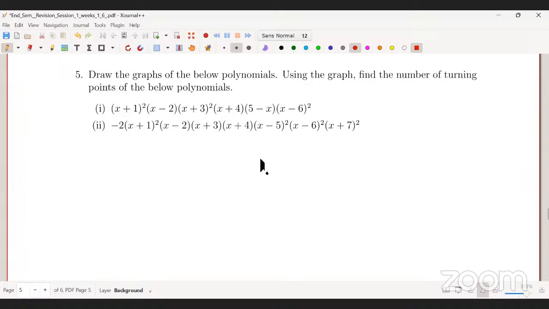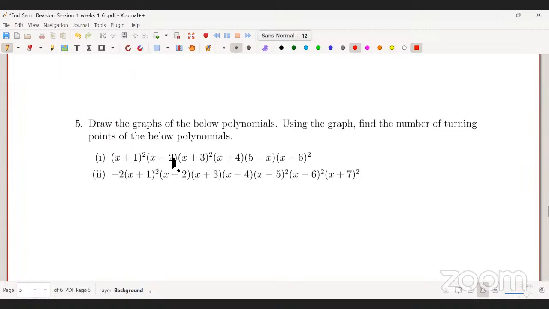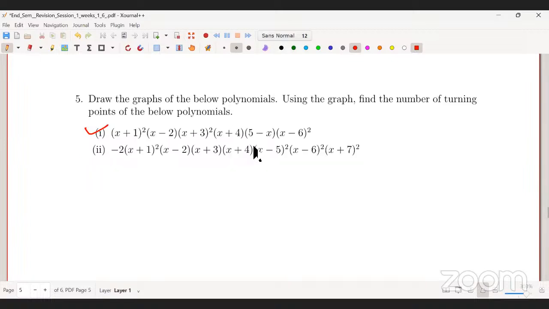Your target is basically to find the number of turning points of this polynomial as well as this polynomial. So first, you need to draw the polynomial. Any idea how I should proceed?